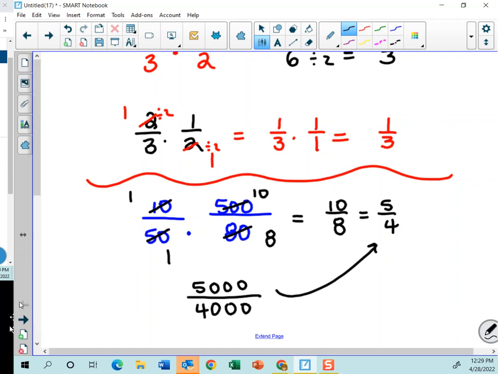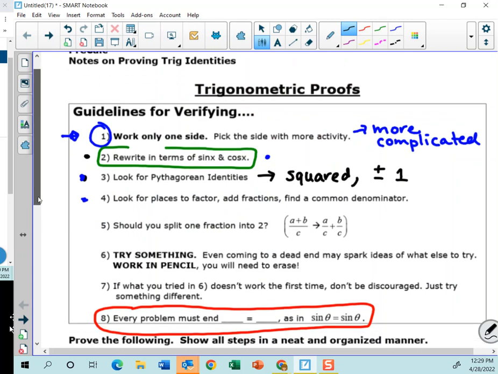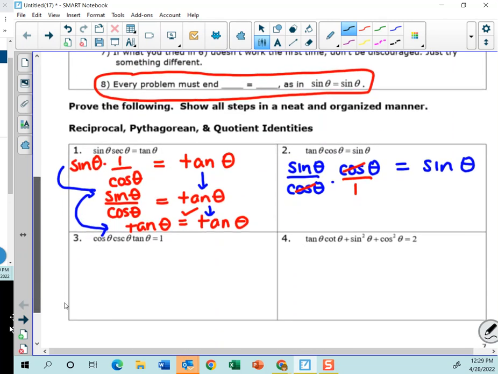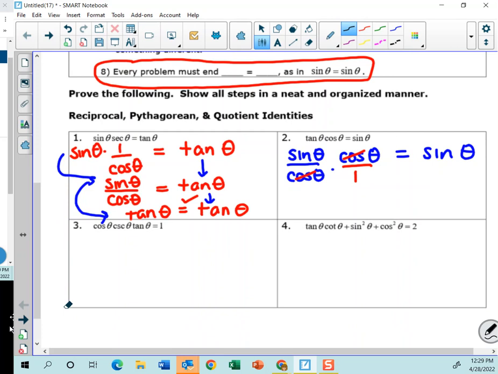So some of these fraction tricks are what you're going to see as tools that we use to help do our proofs and our simplifying.